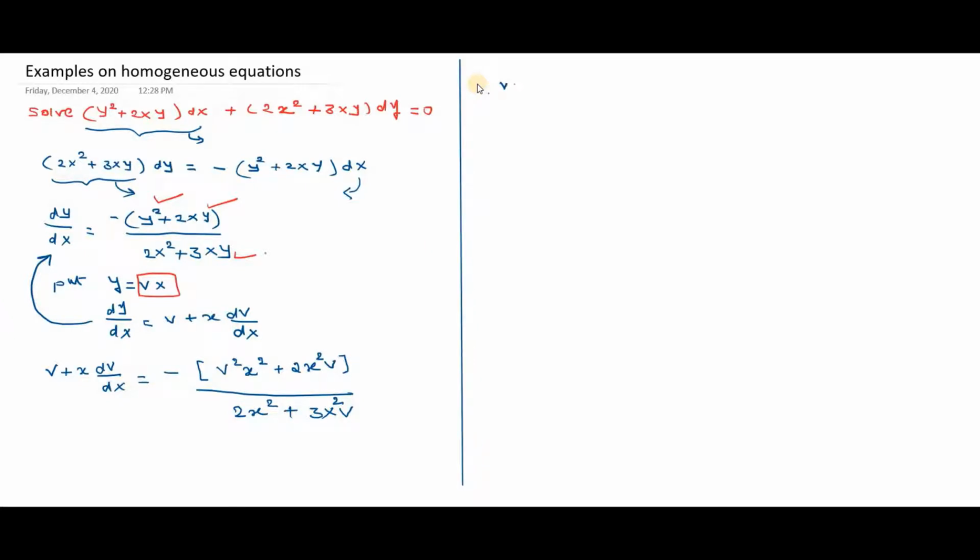That is v plus x into dv divided by dx is equal to minus. You can take x square common. If you take x square common, we are left with v square plus 2v divided by, you can take x square common in the denominator, bracket 2 plus 3v, where this x square and x square get cancelled.